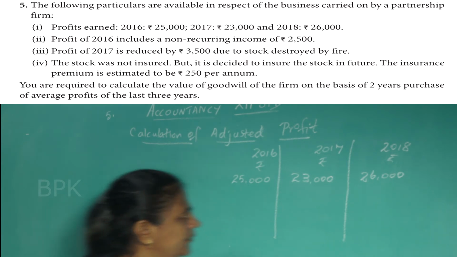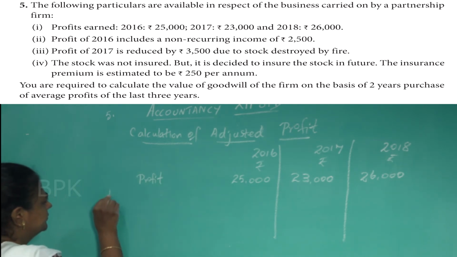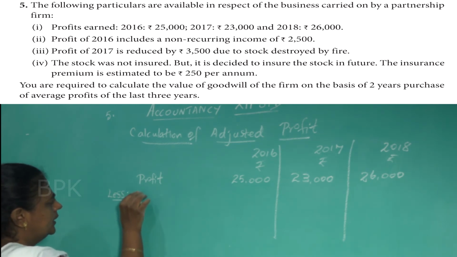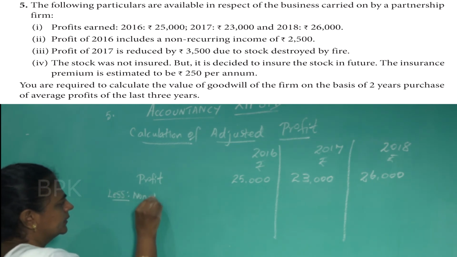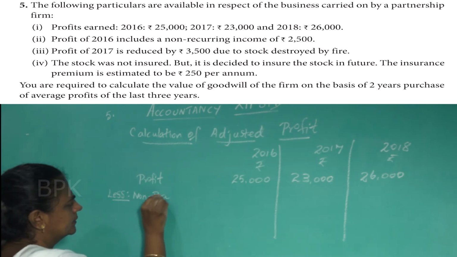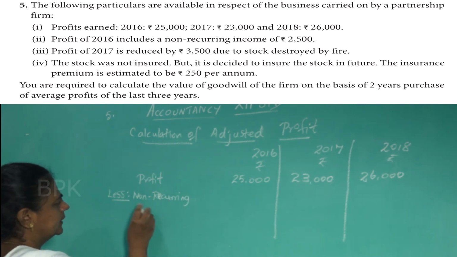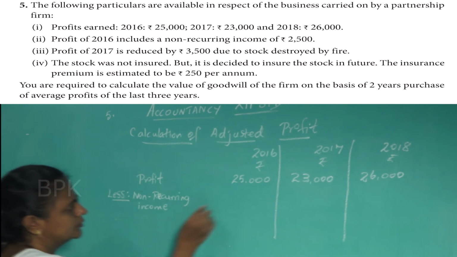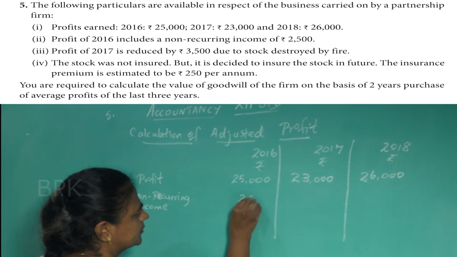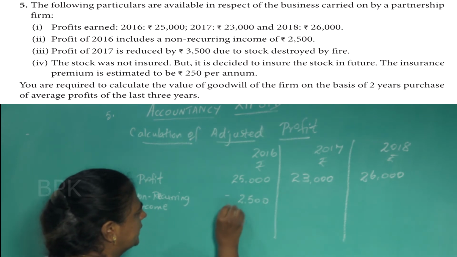So, less non-recurring income. For 2016, it is 2,500, subtract.